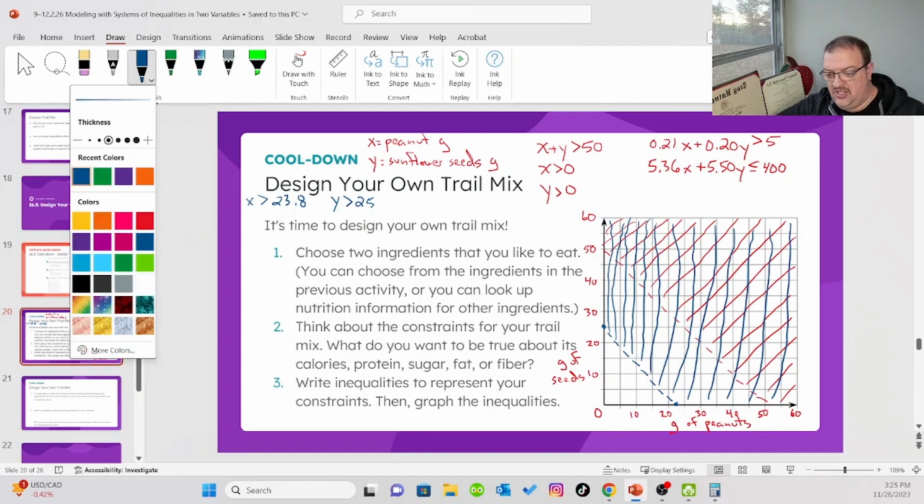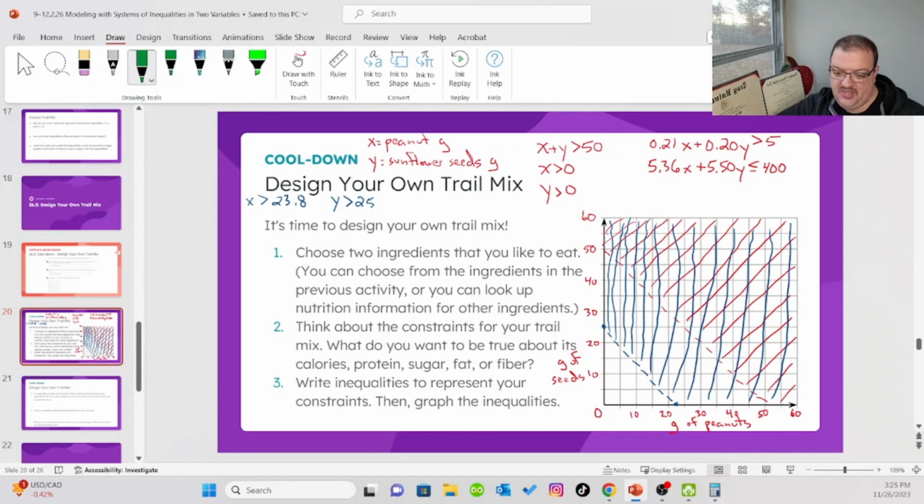So we're going to change colors again. I'll make it green. If I'm looking at calories, that's my 5.36x plus 5.50y is less than or equal to 400.